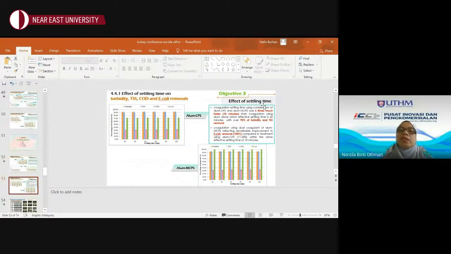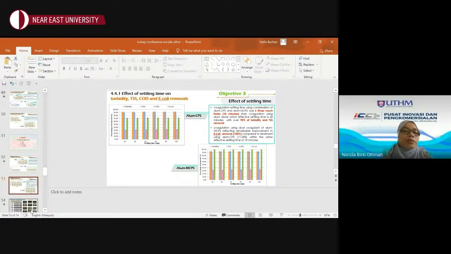For LMCPS and LMMCPS, the coagulation settling time was 6 times faster, about 6 minutes. Coagulation using dual coagulant of LM and CPS reflected remarkable improvement in E. coli removal.